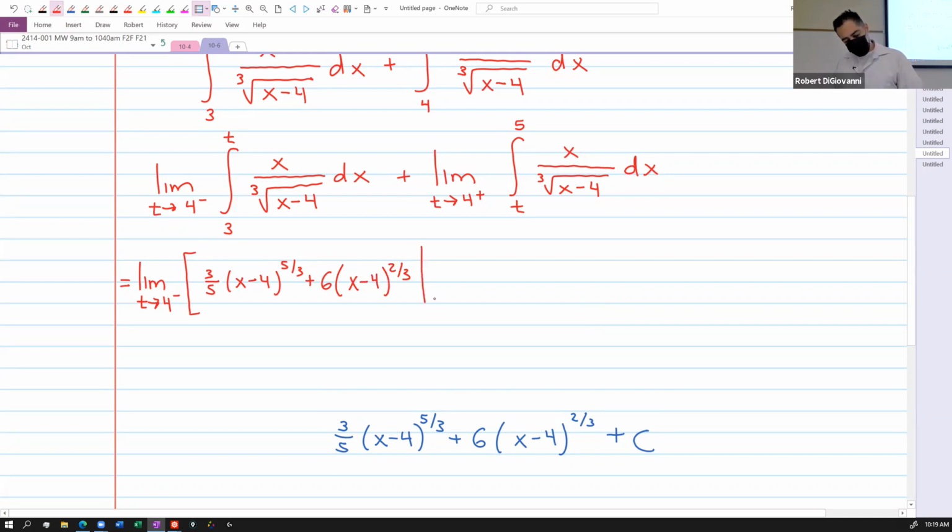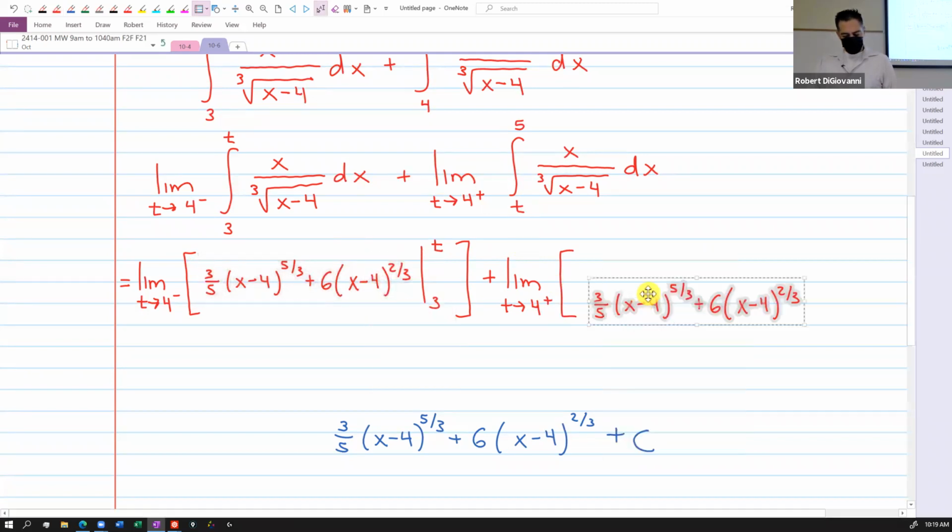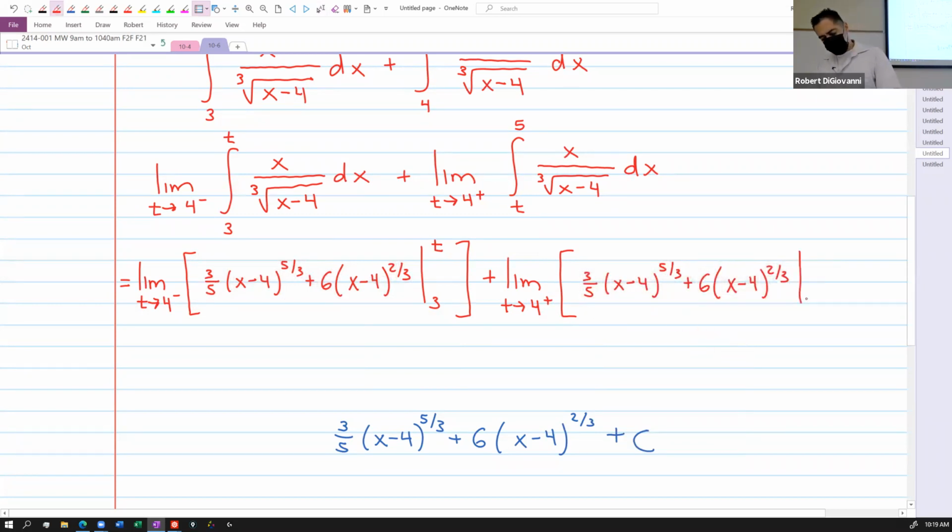Evaluate that from 3 to t plus the next limit, t goes to 4 from the right of the same thing. But this time going from t to 5.